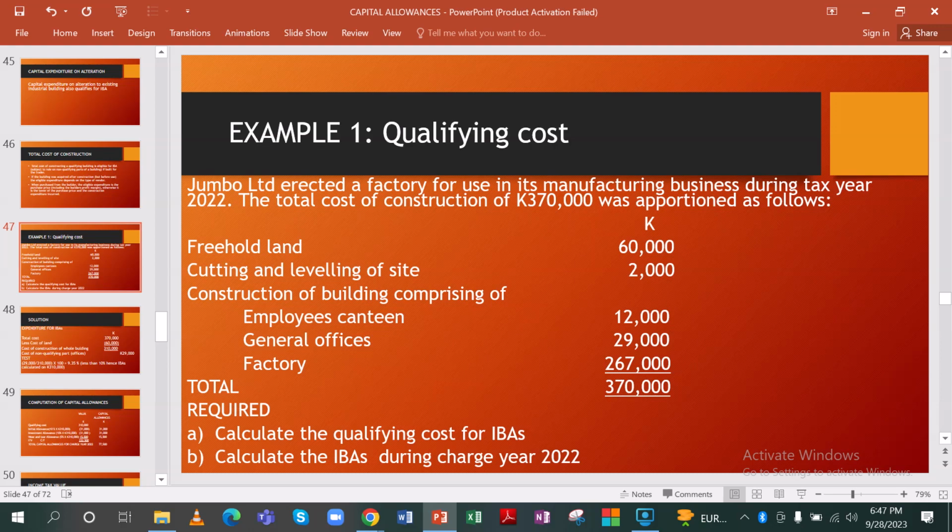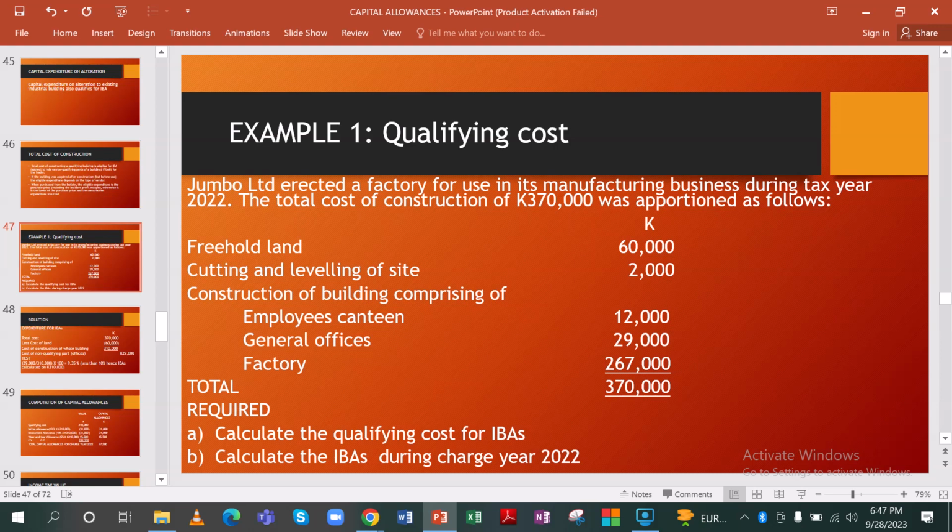Do we have a subsidy here? We don't, so we move to the next one. If the construction of this building enjoyed a grant from public funds, from the government, that has to be taken out as well. Do we have a grant here? We don't. The third one is the cost of land.